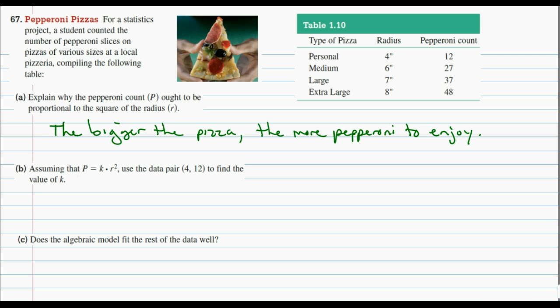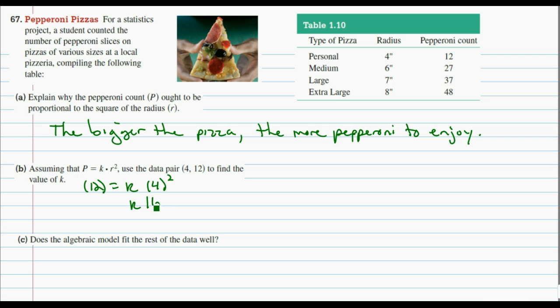Part B, assuming that p equals k times r squared, use the data pair 4, 12 to find the value of k. Well, we've done this in section 1.1, so I'll repeat the process. I'm going to plug in 12 for my output value, which they're calling p. I'm solving for k, and I'm going to plug in 4 for the input value, r.